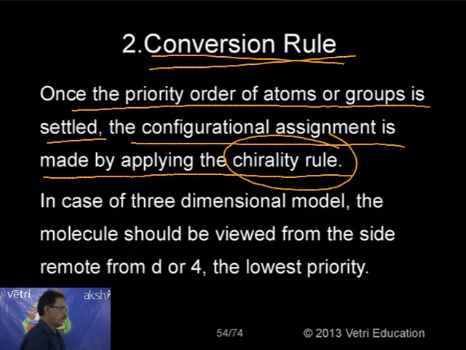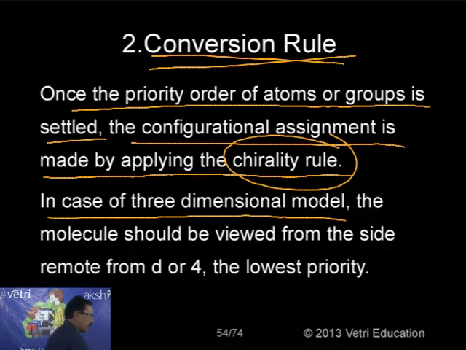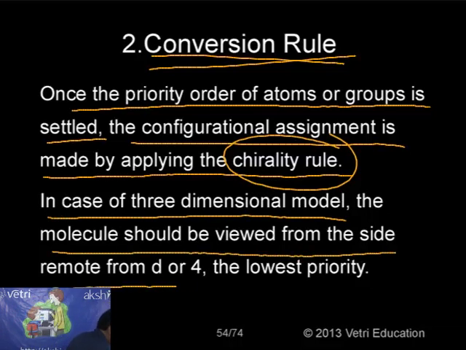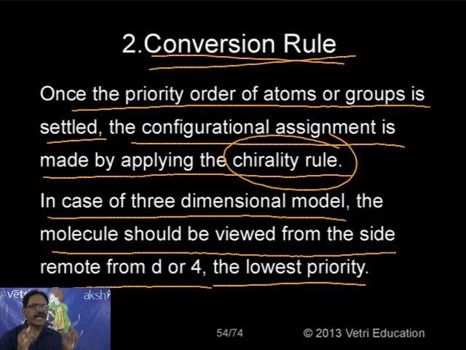What does the rule say? In the case of a three-dimensional model, the molecule should be viewed from the side remote from D, or 4, the fourth priority. That is the lowest priority. So if you are having a model, view the model in such a way that the fourth priority is away from you. This is the most important.